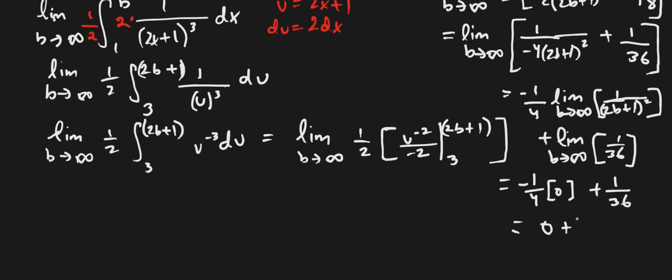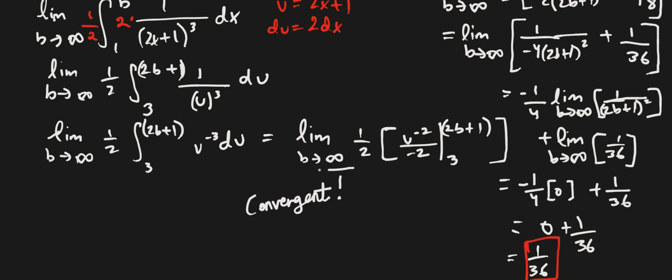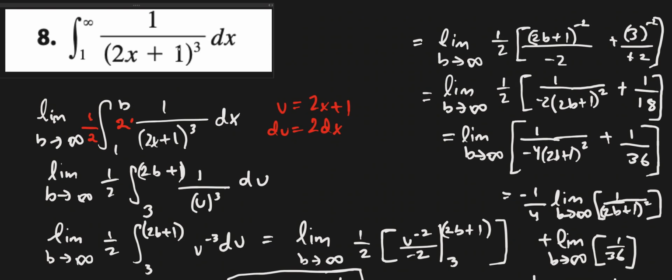This is 0 plus 1 over 36, which is 1 over 36. And that is the area. So it's convergent. Let me box this in. So this is convergent, and we are done. All right, hope you found this video helpful.